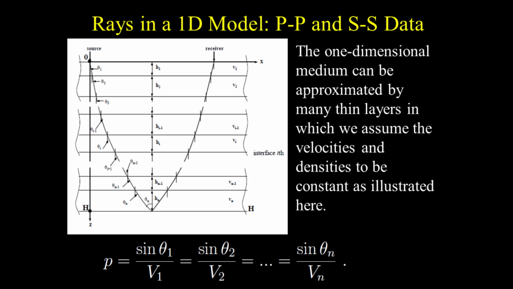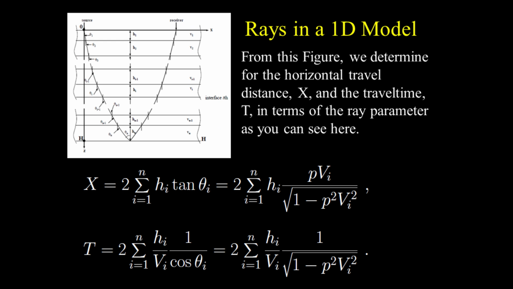The ray parameter p, introduced earlier, is given by sine theta over velocity, as you can see here. From this figure, we determine the horizontal travel distance x and the travel time t in terms of the ray parameter, as you can see here.